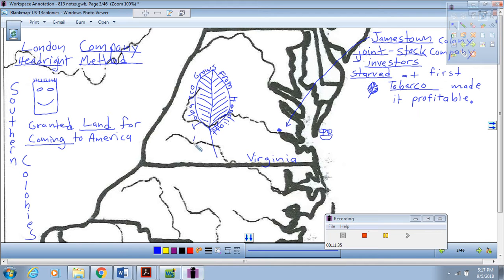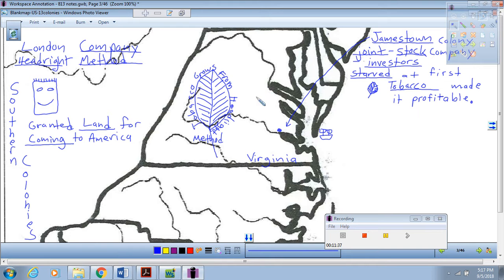So the Headright method, free land for coming to America, would cause tobacco growing to increase in Virginia and an increase in the number of tobacco farms.